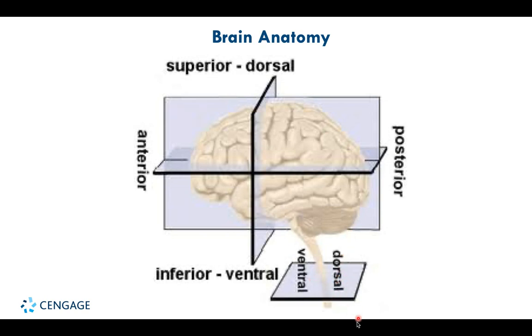Dorsal comes up your back and then around the back and top of your brain, and ventral comes up your belly and then up your neck and your chin and around your face and up to the front of your brain. So you can hear the terms superior and dorsal occasionally used interchangeably, but if we're talking about just a piece of the brain, you'll typically hear superior and inferior. If you're talking about the human body, you'll often hear dorsal or ventral.